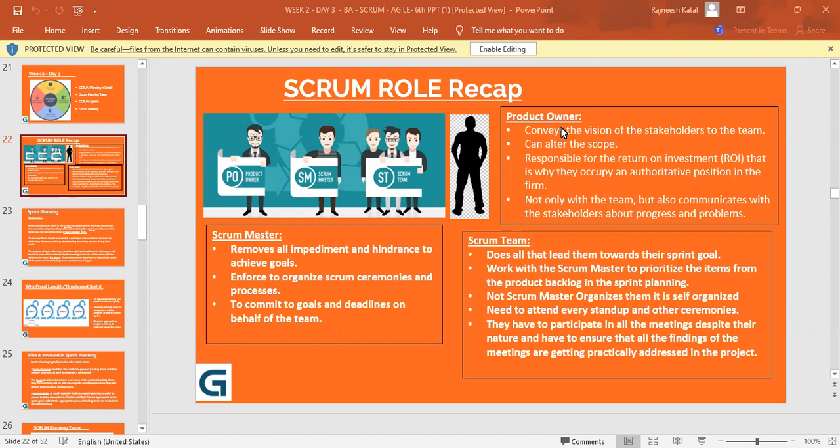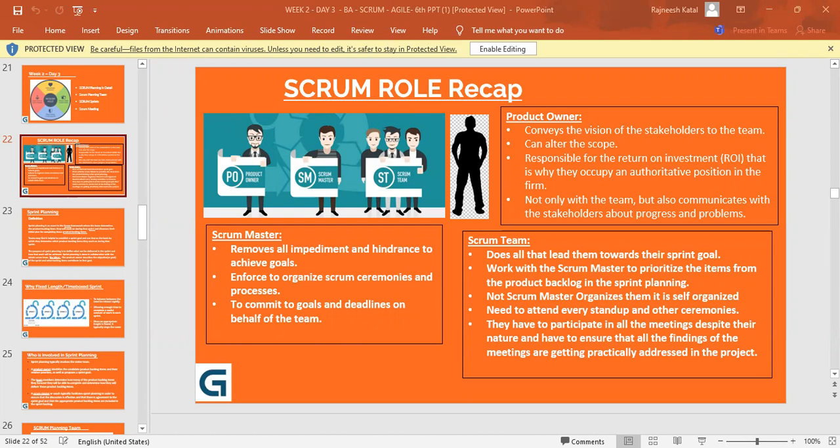I think in earlier sessions I also tried to explain what a stakeholder is. A stakeholder simply means anybody and everybody who has a stake, who has an interest in your project or in your activities. This means your senior management team, your customers, your vendors, or anybody involved in the project. So what is the vision of the project?